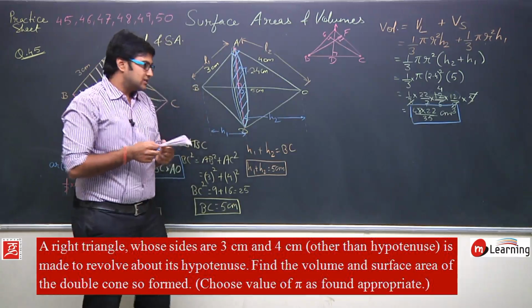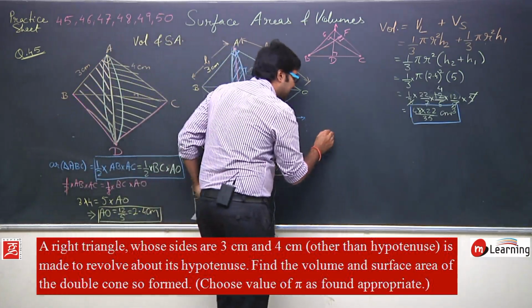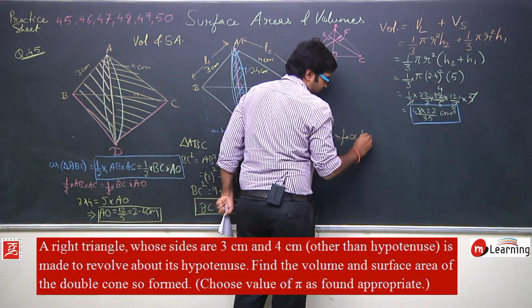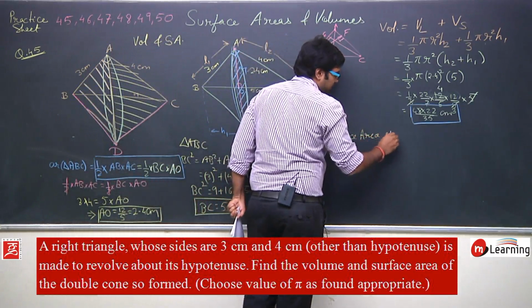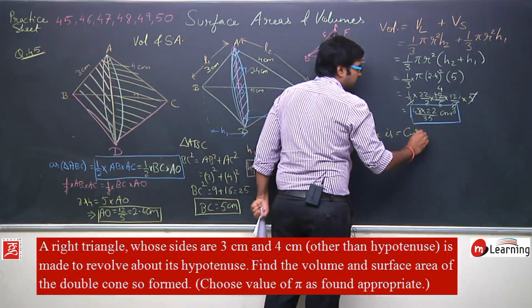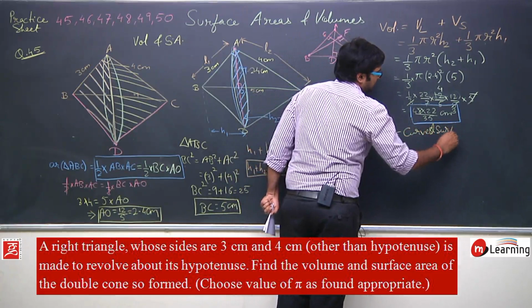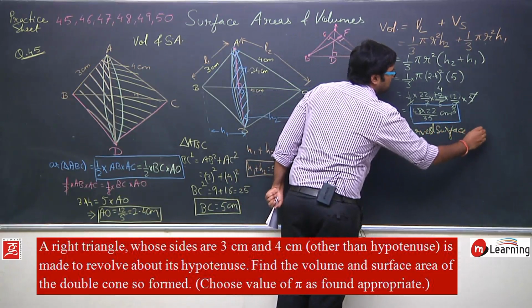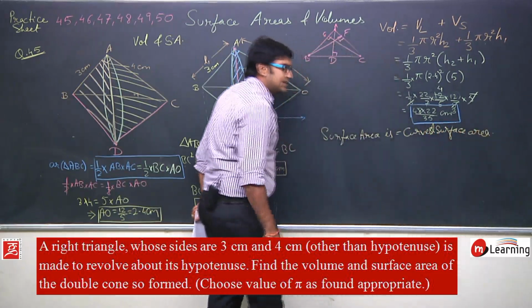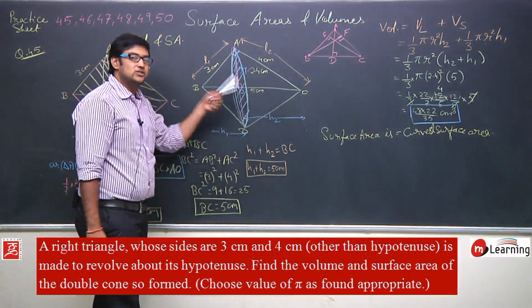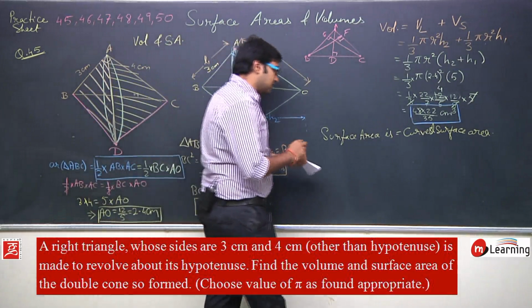So I will say the surface area is equal to the curved surface area. If I am talking about surface area, it means I am talking about the curved surface area of this solid figure.